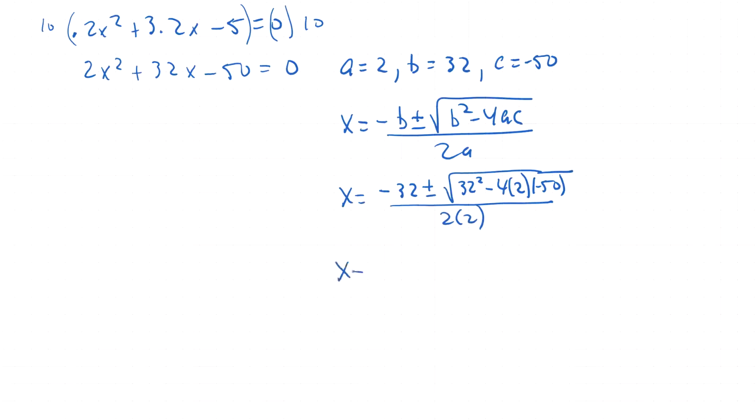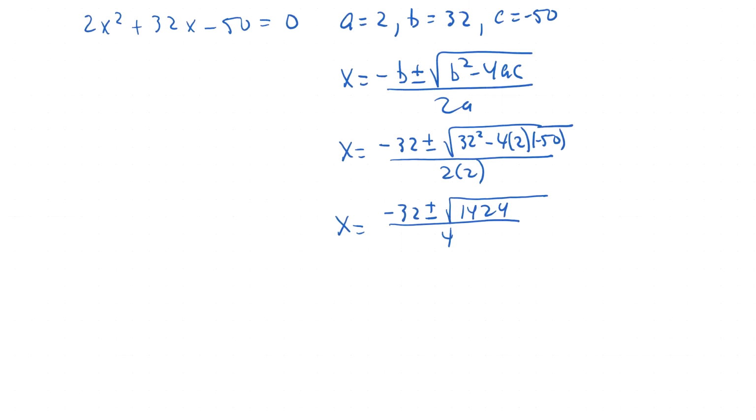And then I'm going to clean this up: x equals negative 32 plus or minus the square root of 1424, divided by 4. Alright, now this is where it gets a little tricky.